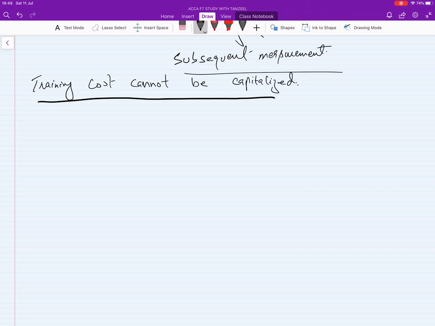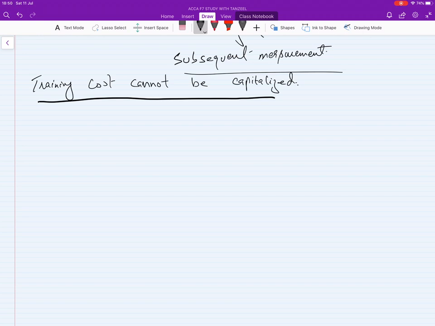They are working for me today, say for 100 pounds a day. But tomorrow they find another job at a better price, they will leave me. So I do not have any right or control over them. That is why we cannot capitalize our training cost.